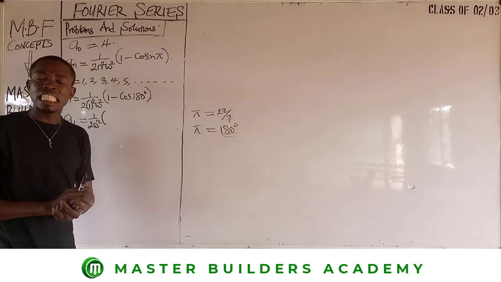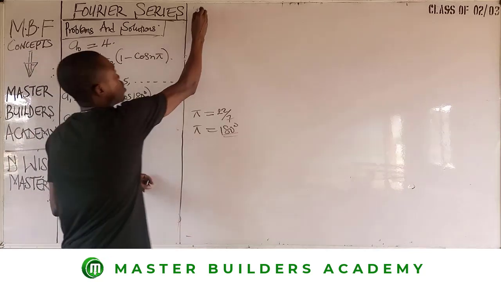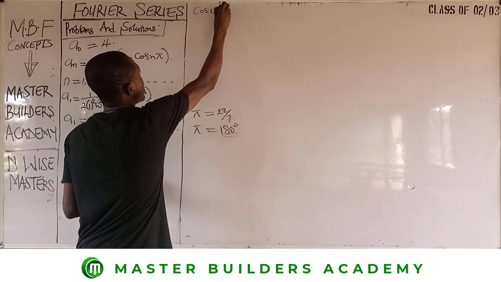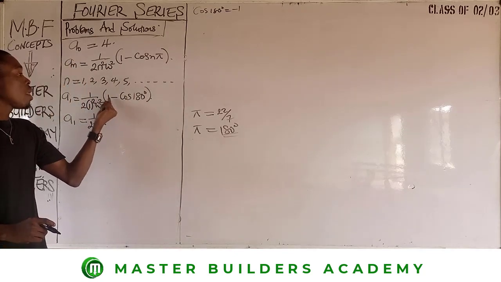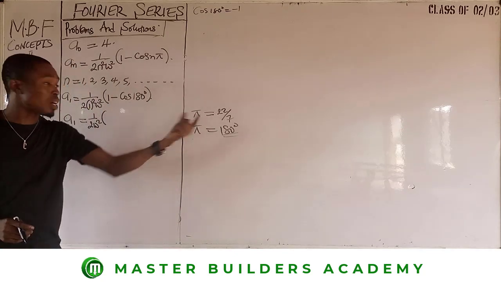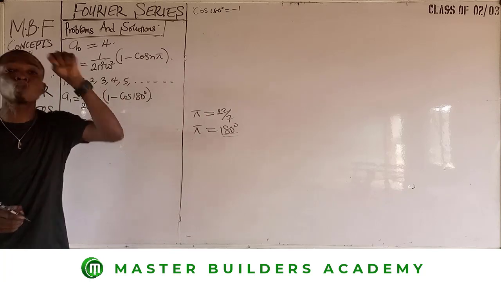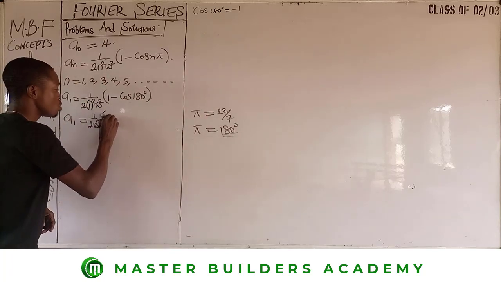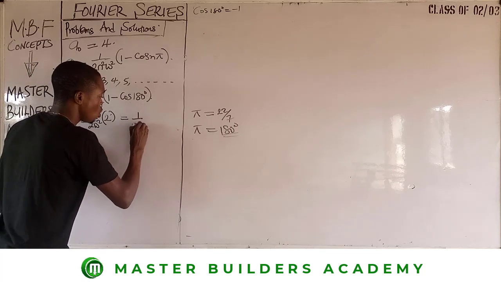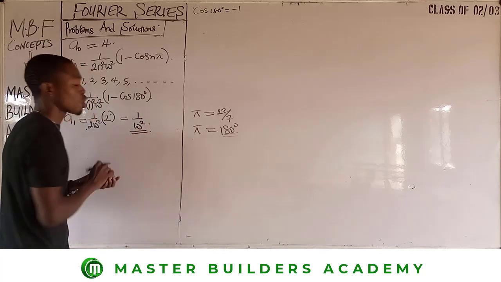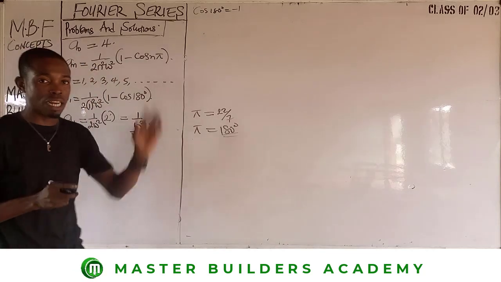Cos 180 is minus 1. Cos 180 degrees is minus 1. So when you put in minus 1 here, minus times minus 1 will give you plus 1. So automatically everything here will give you 2. So we just put in 2 here. These 2 cancel these 2. We'll have this as 1/W squared. We have gotten the second non-zero value.